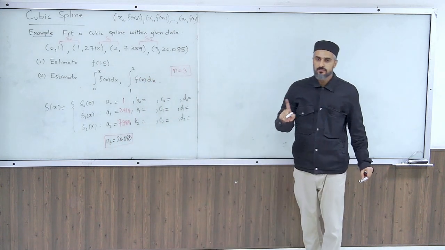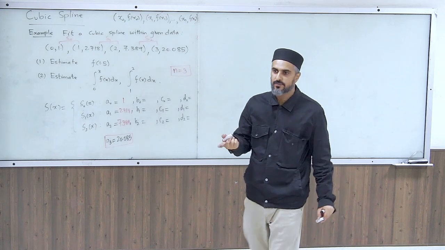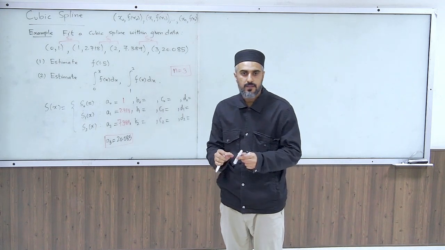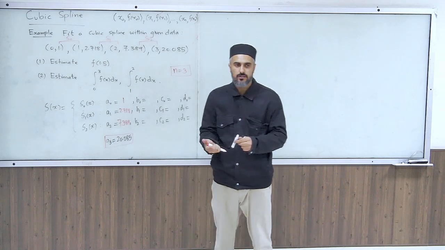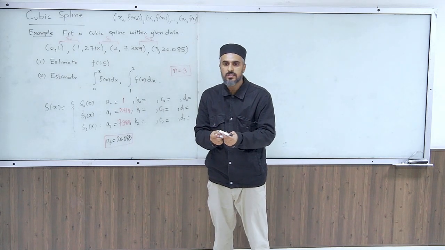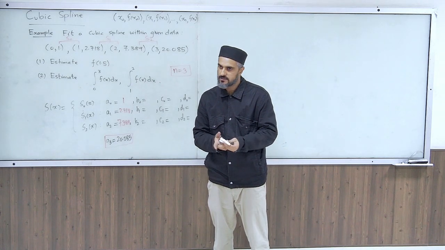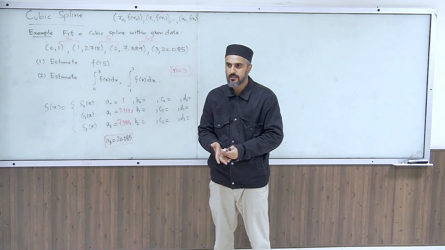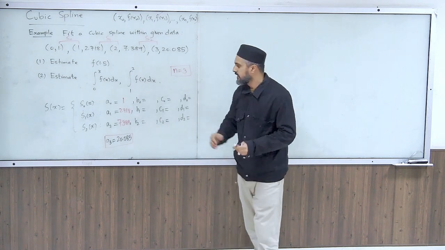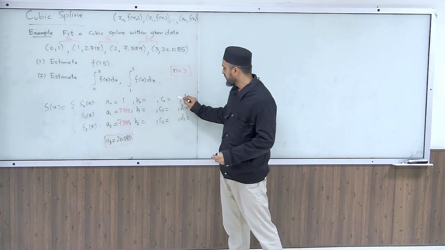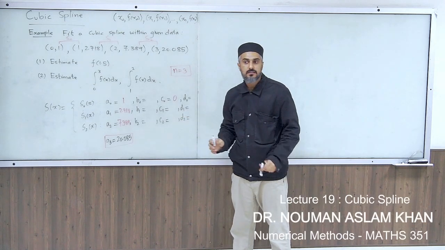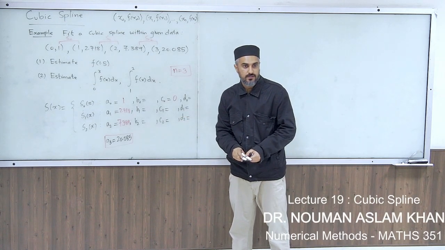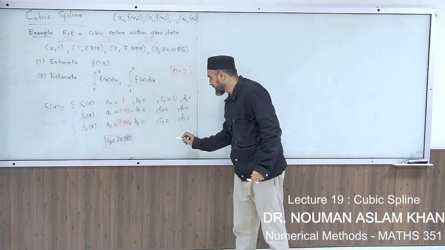Now step 1 is always to find the Aj's, and step 2 is to find the Cj's. Since we are fitting a natural cubic spline, C0 and Cn are 0. What is the value of n? It's 3. So it means C0 is 0 and C3 is 0 because n is equal to 3.